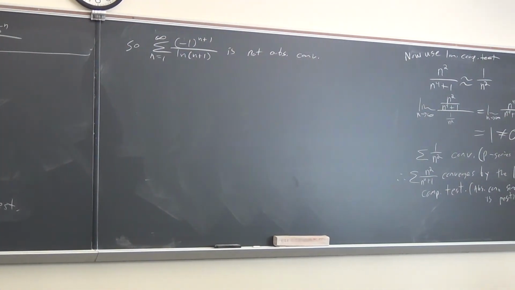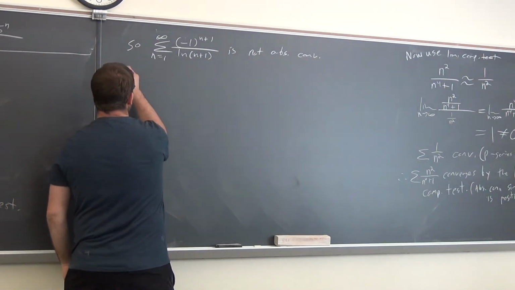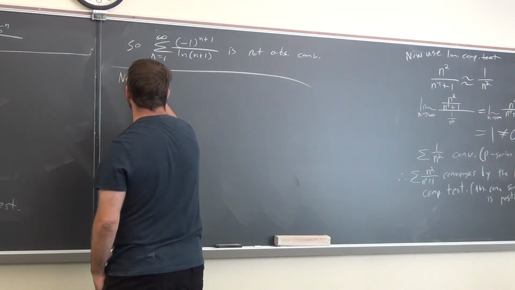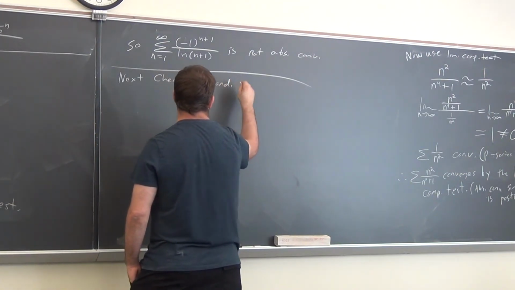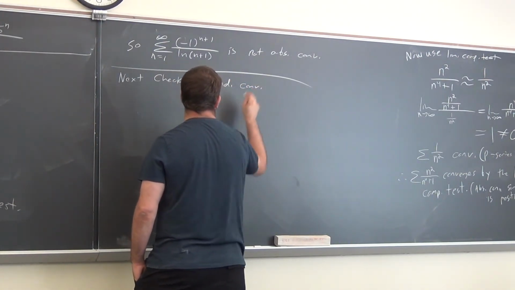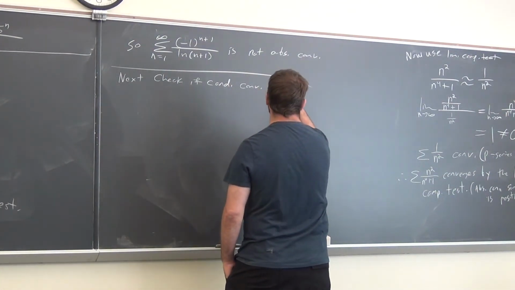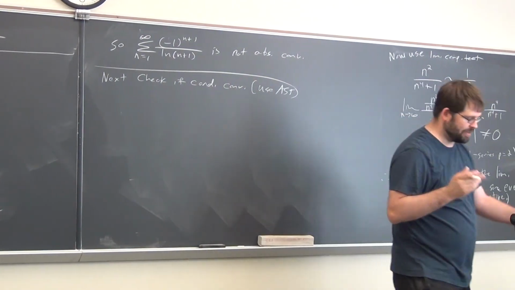And so this is really the one place where that alternating series test is going to come into play. Okay? So next, check if conditionally convergent. Again, that's just use the alternating series test if it's applicable.